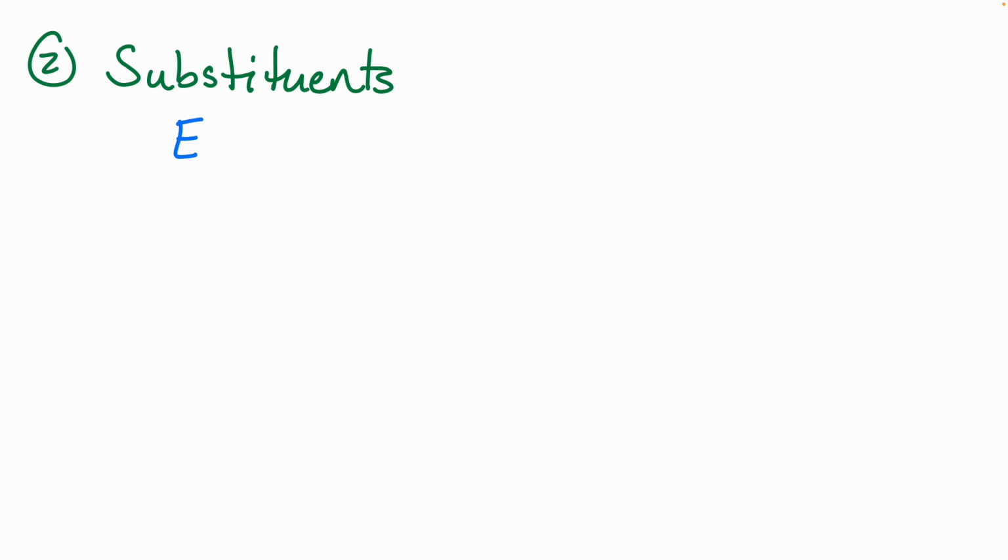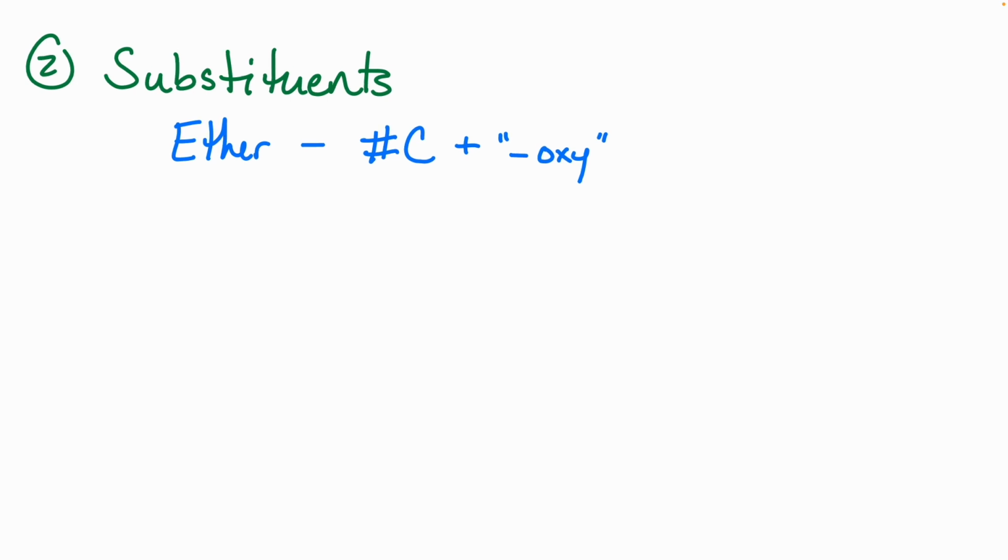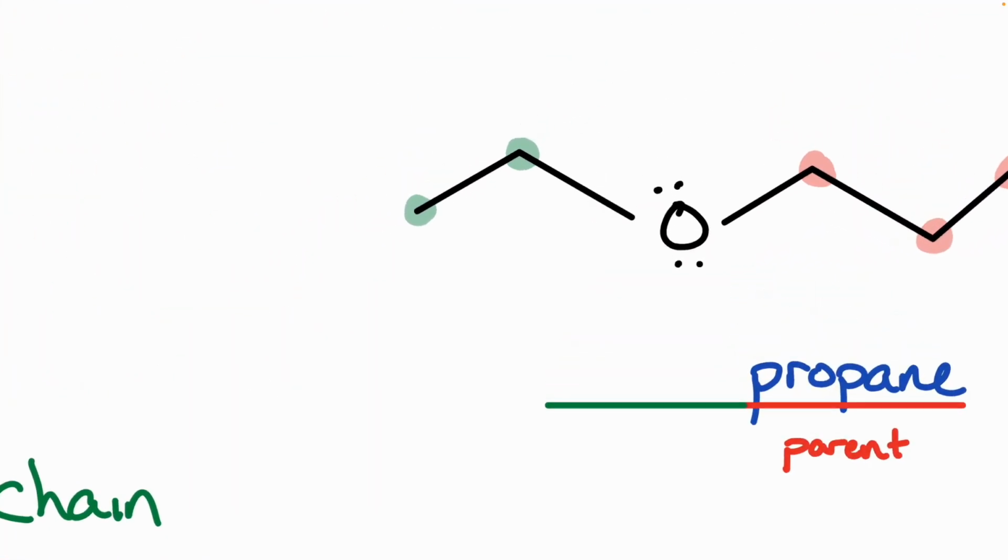For your ether substituent, it's the number of carbons plus that suffix oxy. So if we have 2 carbons here, my substituent is going to be this whole thing right here, including this oxygen. So it's not just an ethyl group with only carbons, it's got that oxygen as well, so this is an ethoxy group.